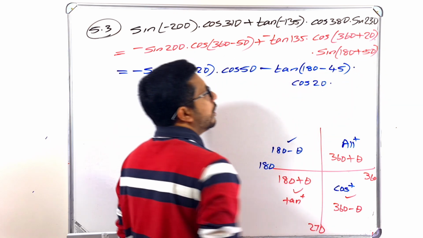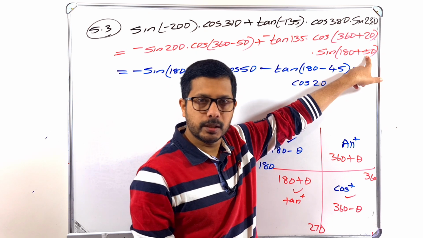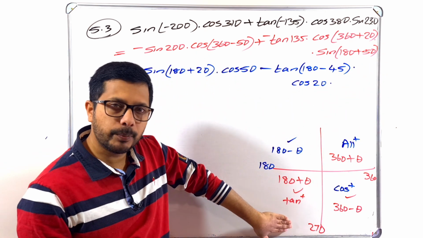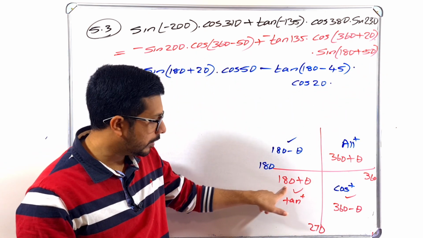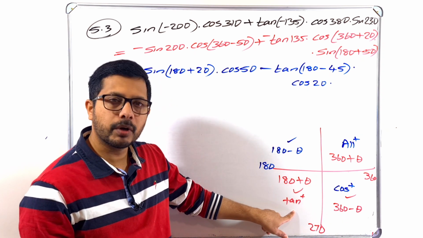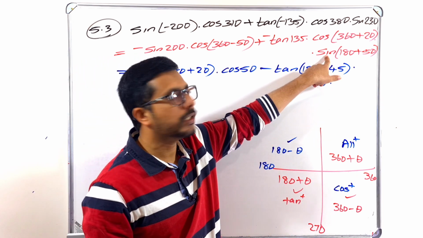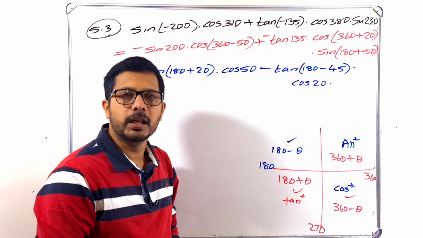Now the last one, 180 plus 50. 180 plus 50 means third quadrant. Third quadrant, what is positive? Tan is positive. Here what? Sine, so it is going to be negative.